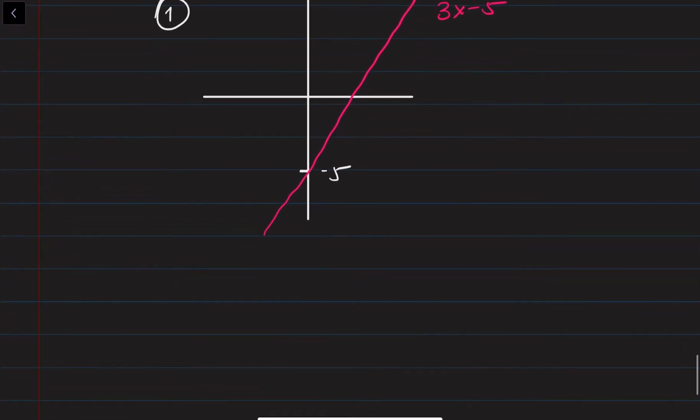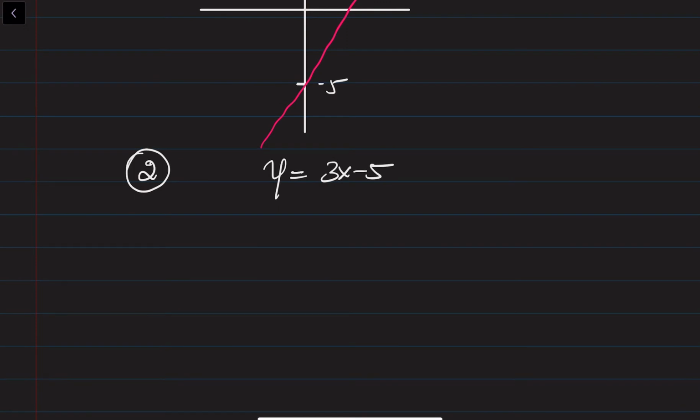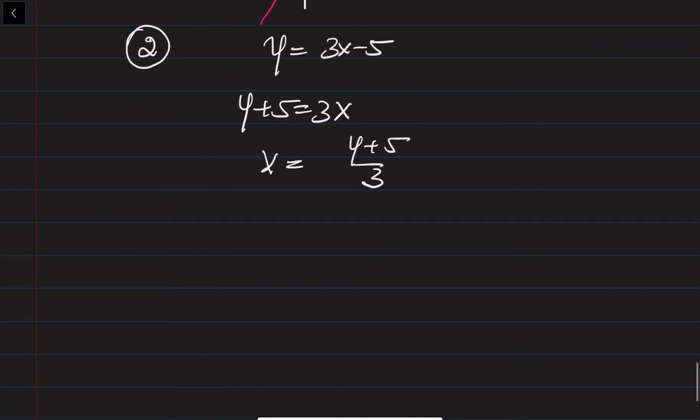In the second step, if you're given your curve as y is equal to 3x minus 5, you need to find x from here. I'm going to put the 5 on the left-hand side. It's going to be y plus 5 is equal to 3x. From here, x is going to be y plus 5 over 3. In step number 3, we need to rename x as y and y as x.